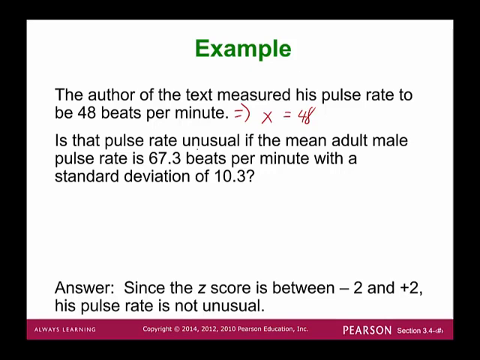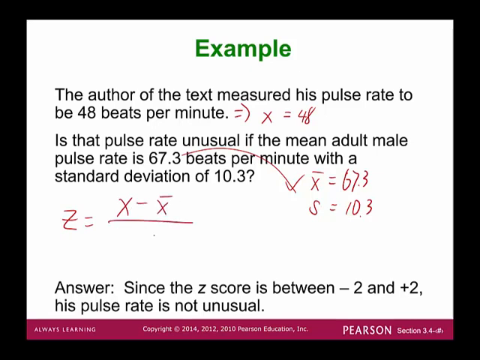You can assume this is a sample, so this is the sample mean, 67.3 beats. We also have a sample standard deviation of S equal to 10.3. Now we just apply the Z-score formula: data value minus sample mean over the sample standard deviation, so 48 minus 67.3 over 10.3.